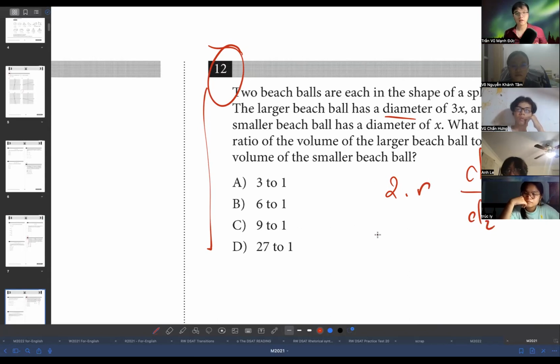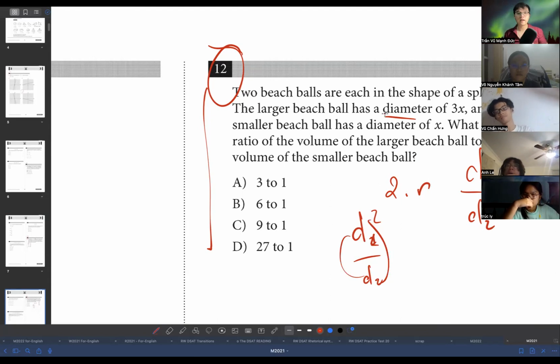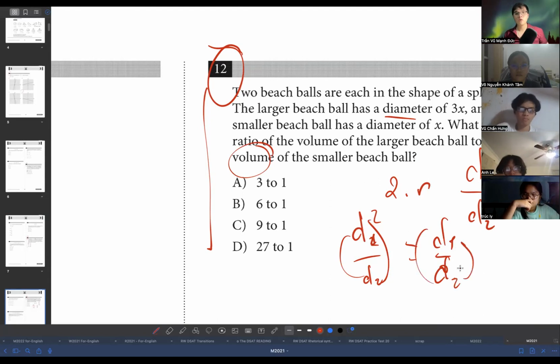For the circumference, it will be directly proportionate. But for the area of a circle, it will be D1 over D2, everything squared. And they're asking for the volume, so it will be D1 over D2 all cubed.